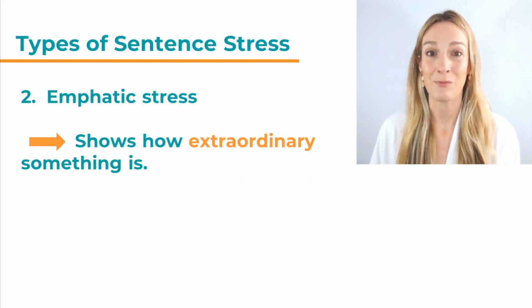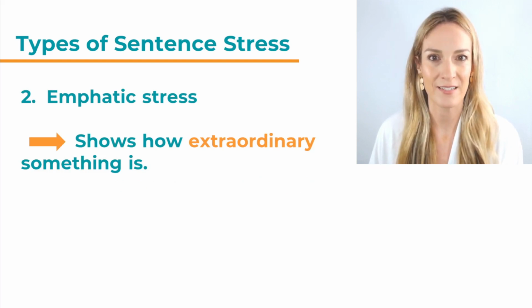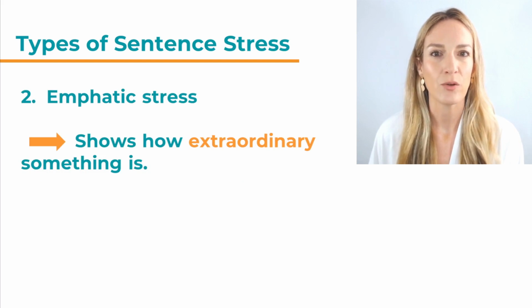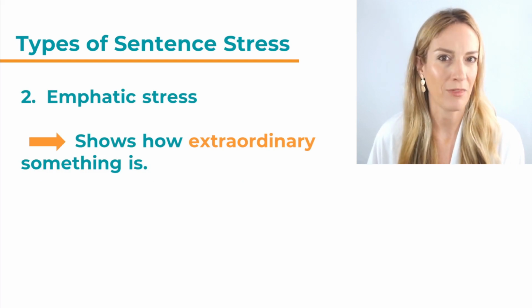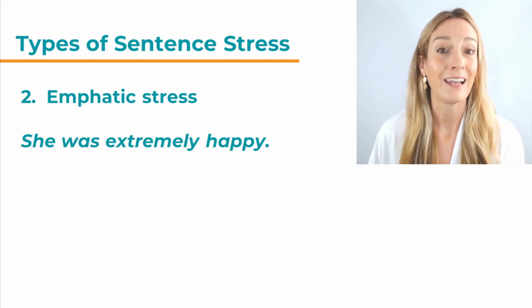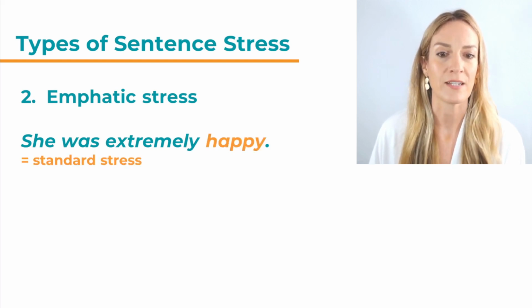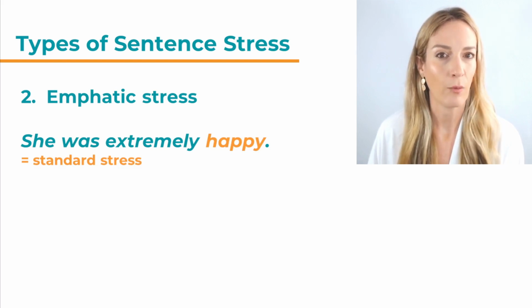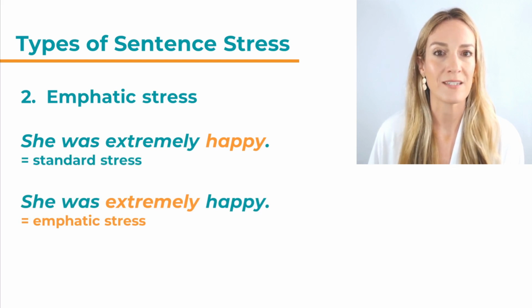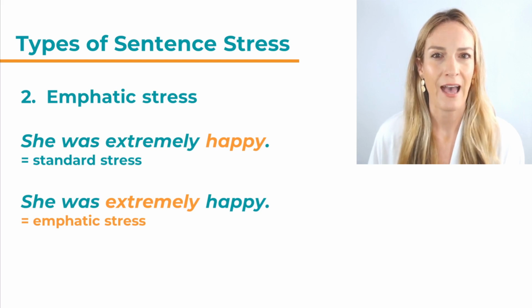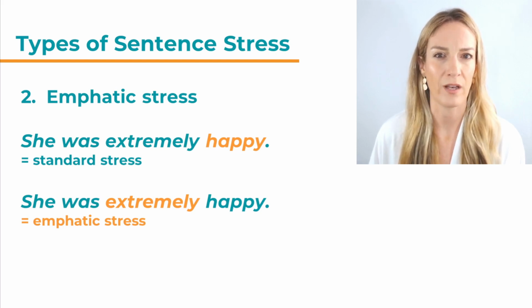Let's have a look at number 2, emphatic stress. Now this really shows how extraordinary something is. Again, let's have a look at an example. Here we have the sentence, she was extremely happy. Now usually we would stress happy the most. This is the standard stress, the tonic stress. However, we could also stress extremely if we wanted to emphasize how extraordinary this was.